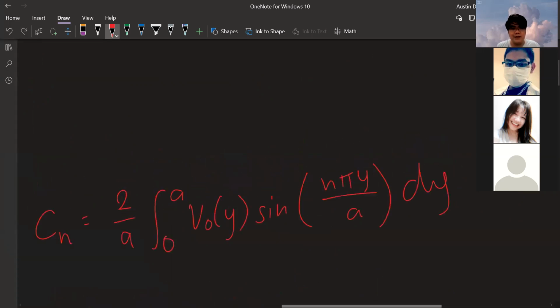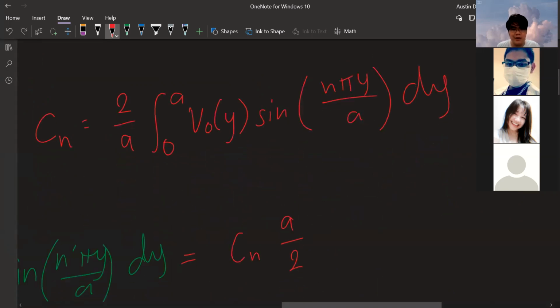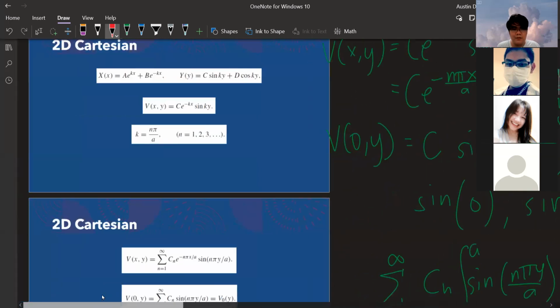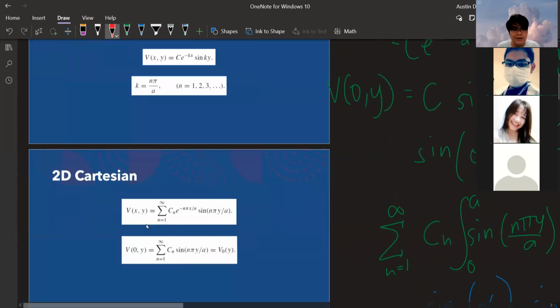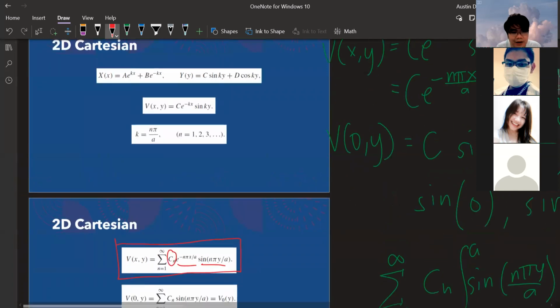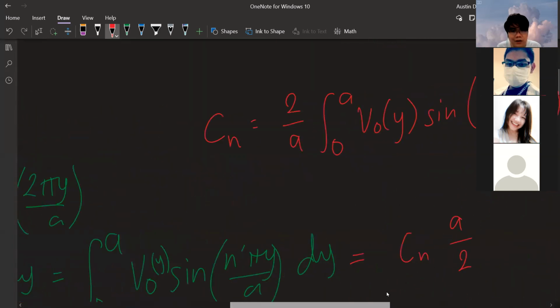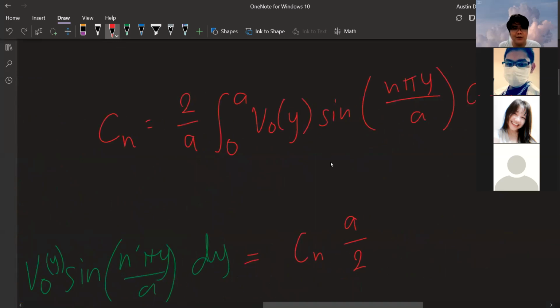And that's it. Na-solve mo na yung problem. So, ito yung solution for the problem talaga. Itong Cn ay this thing that we have solved. Okay? And V naught will be given in the problem.